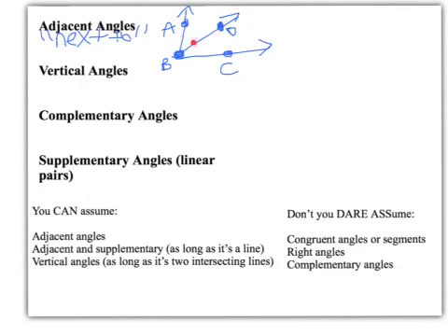They share a common side of the angle. It doesn't necessarily mean they're complementary or supplementary. That depends on the extra information given.